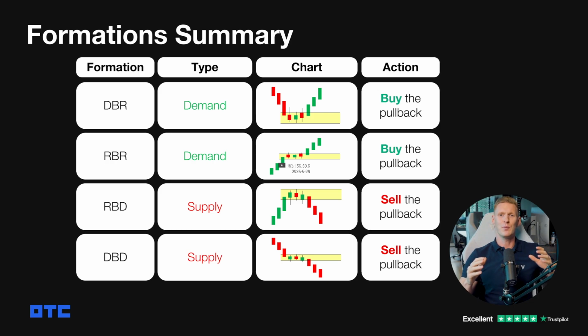We use them to buy when price returns to the base. Inversely, our supply formations are either a rally-based drop or a drop-based drop. We sell or short the asset when price returns to the base. To make it even simpler, buy in demand zones and sell in supply zones. This is our bread and butter.